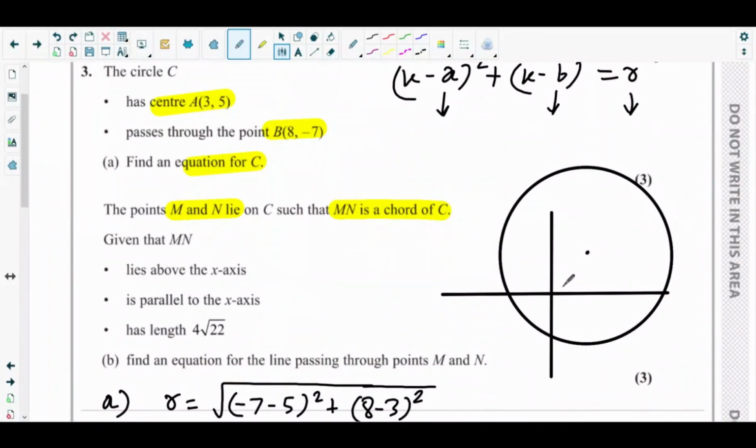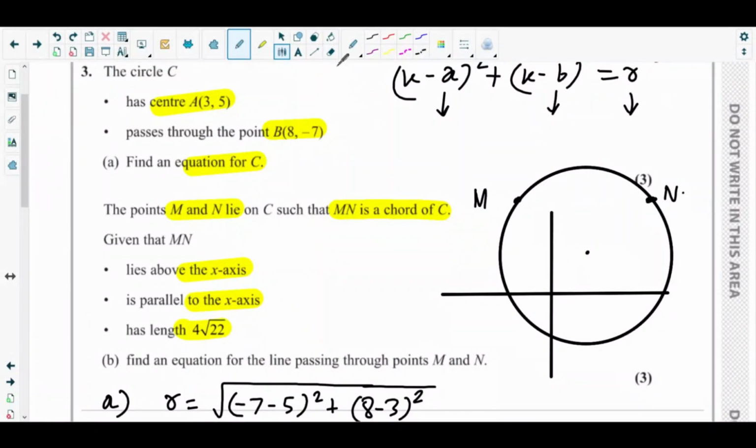Given that MN lies above the x-axis and is parallel to the x-axis, that means MN is a horizontal chord. It has length 4 square root of 22 units. Since it's above the x-axis, we can consider point M is here and the point N is here.